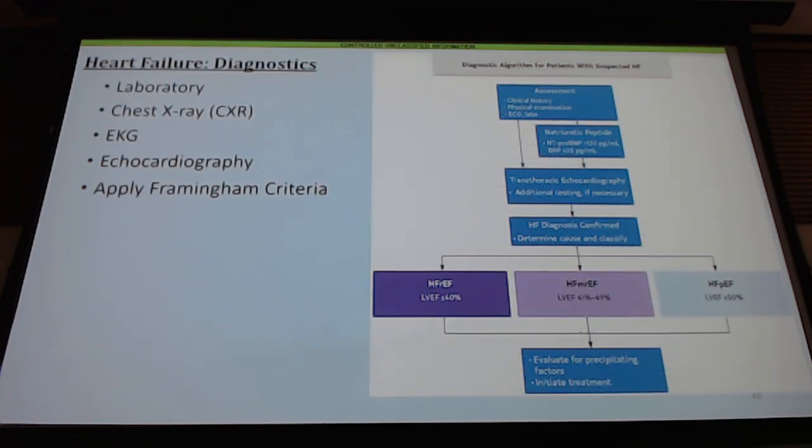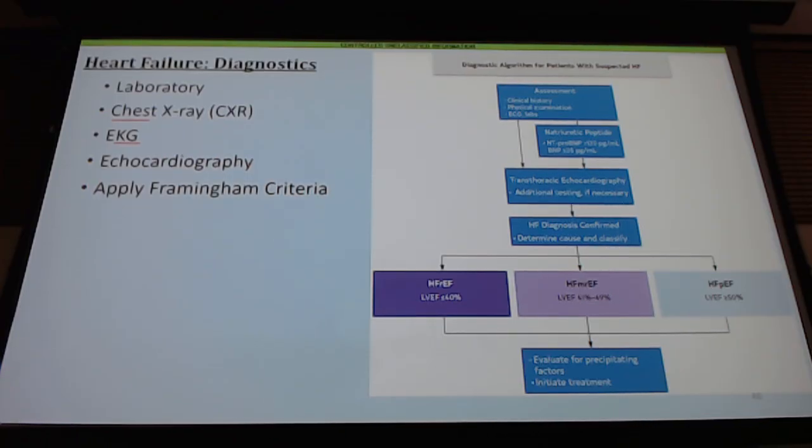But what is useful? What can you do? Well, let's do laboratory testing. There are lab values that we can do. We can do a chest x-ray, especially for left-sided heart failure. You're going to see that pulmonary congestion and everything like that, right? Let's do an EKG and make sure that this person didn't suffer a heart attack and now have a post-MI complication related to that heart attack.